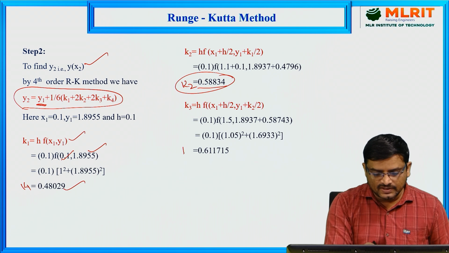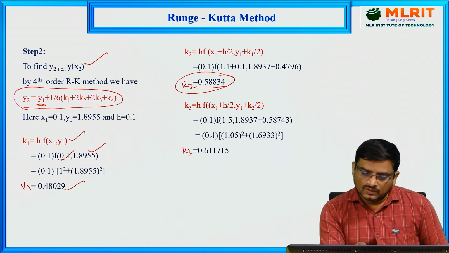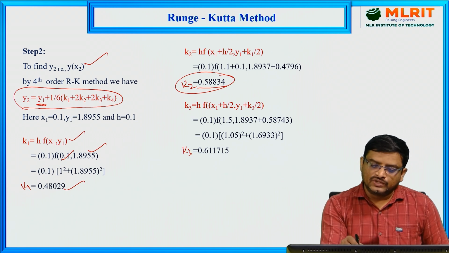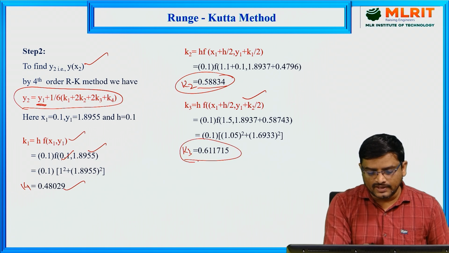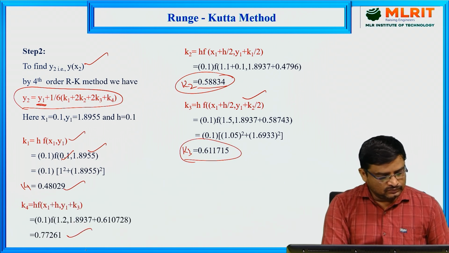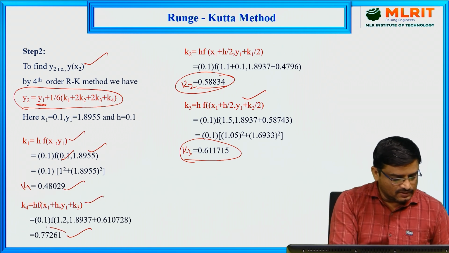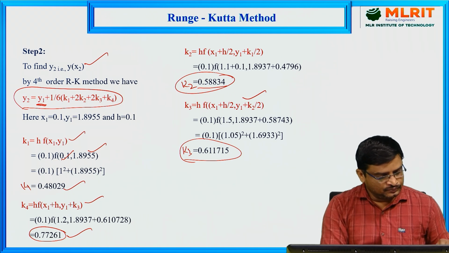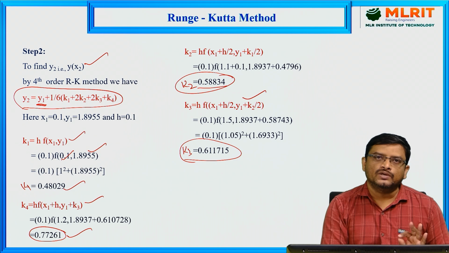We use this formula and substitute the values which we got for x1 and k1, k2, h, all these substitute here. You will get our required k3 value here. And then finally go for k4. Take the formula and substitute the values. You will get our k4 is equal to 0.77261.